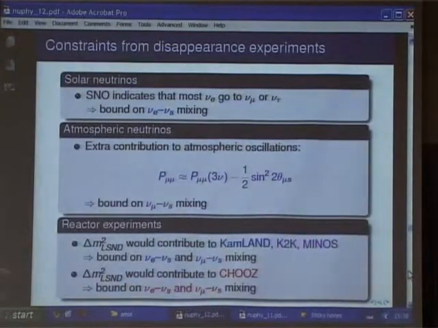Then your reactor experiments. We had this KamLAND experiment, which was mu e to something else, and we saw that that cannot be mu s. Then you look at MINOS, you produce mu mu's and look at disappearance. That will be constraints on the mu sterile mixing.